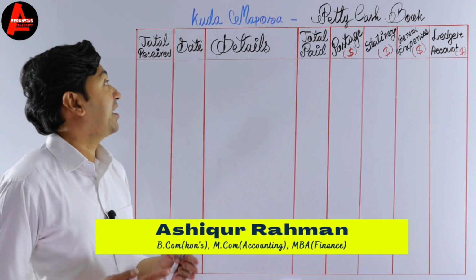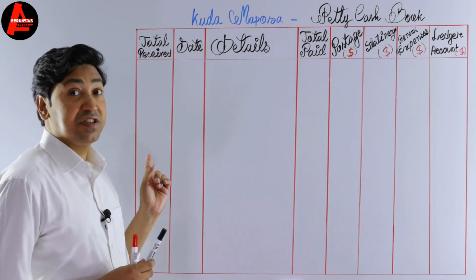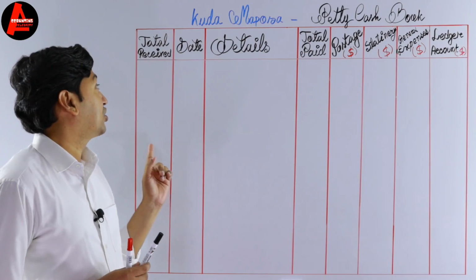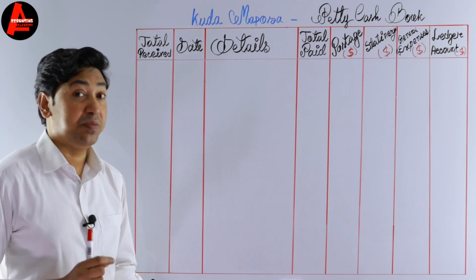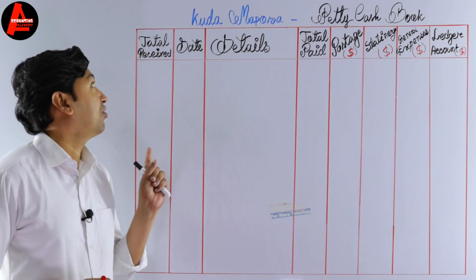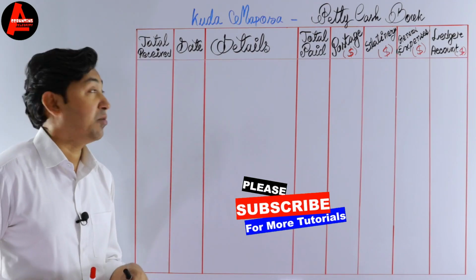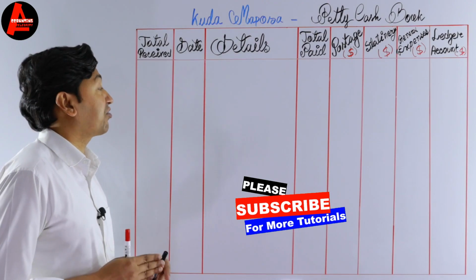Let us have a look at the format first. Here you see we have a total receipt column and a date column. In the total receipt column we will write the opening balance. Then if we have any kind of refund, we'll write it in this total receipt column. Here we have the date column, where we record all the dates according to the transactions.